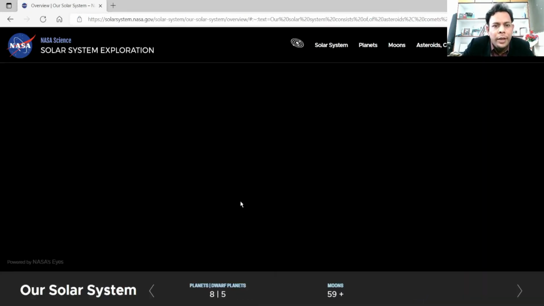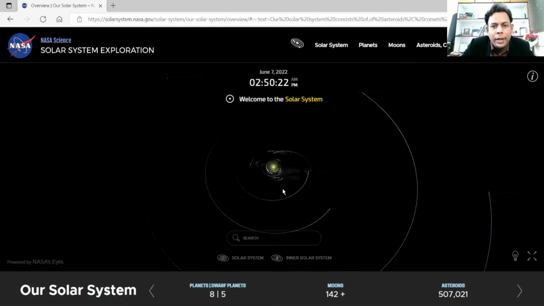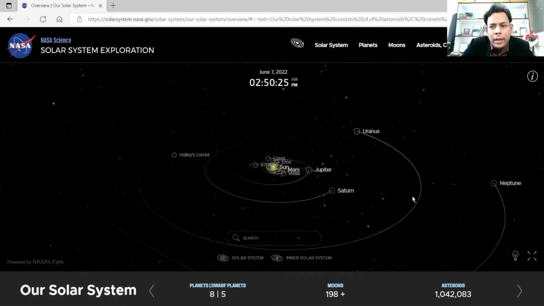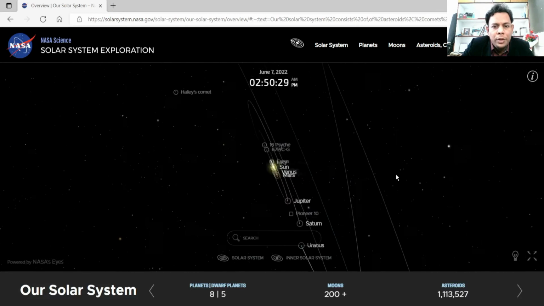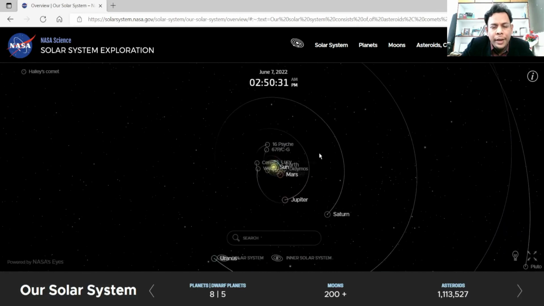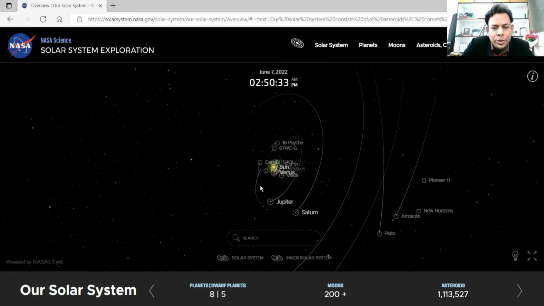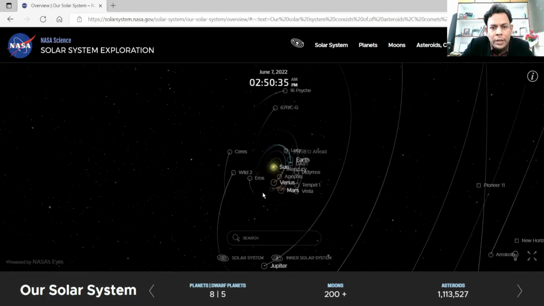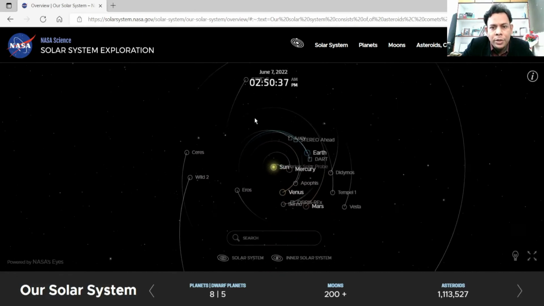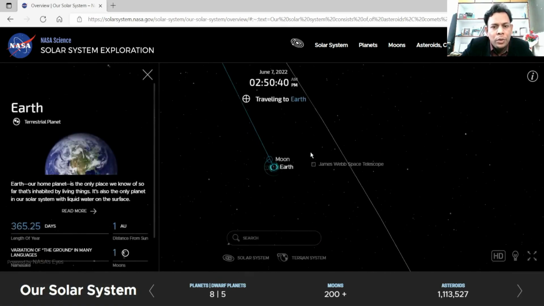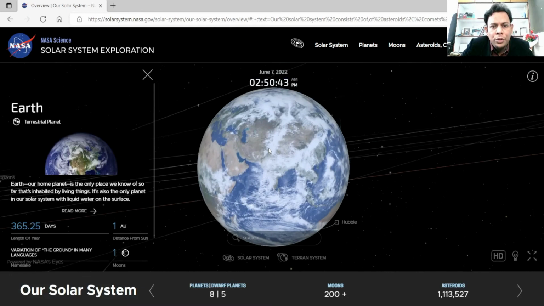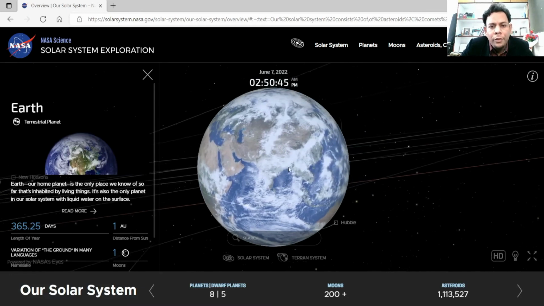Let me put it again. Now here you can go back, and you can see which orbit, where each planet is right now, at this time, at your position. Now our Earth has reached this part. Let's move to the Earth more closely. It will show you which part we are in right now.